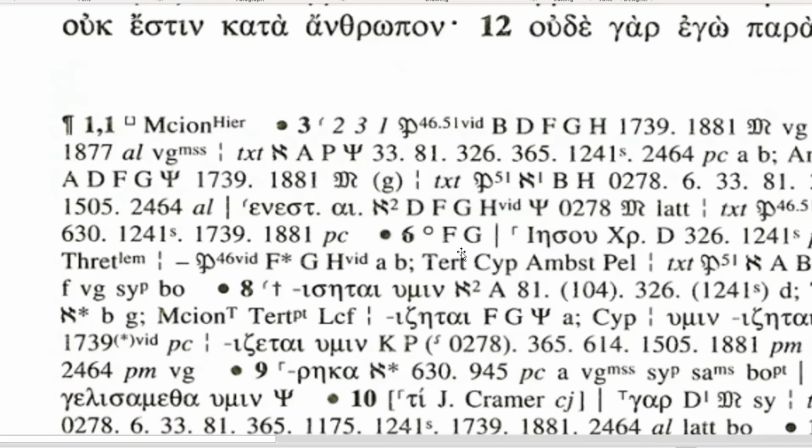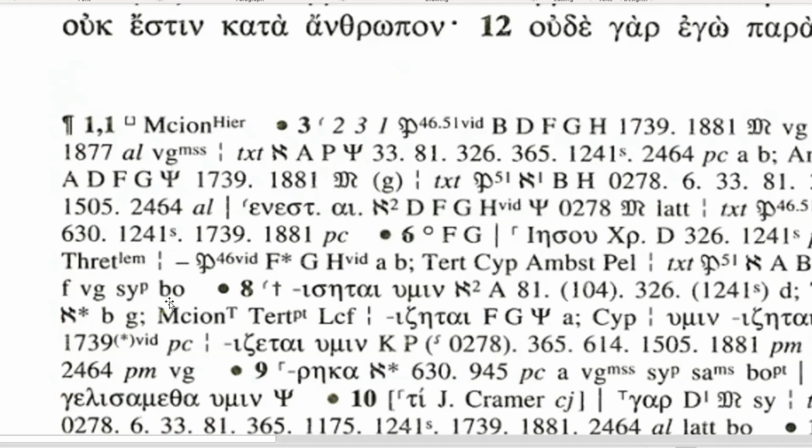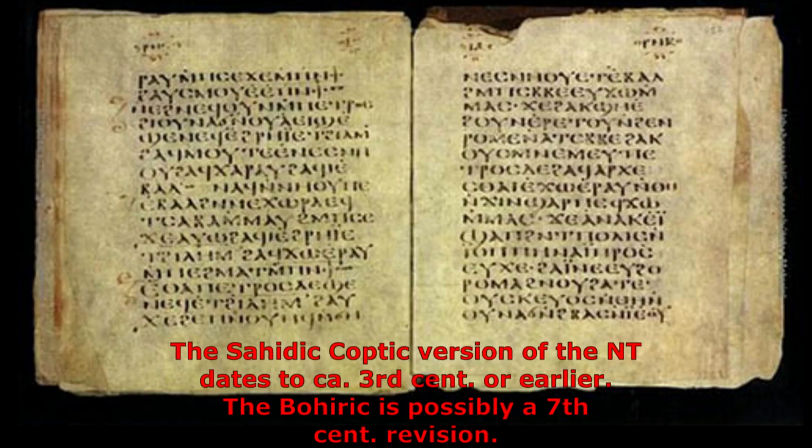Okay, and what else? References to different versions. Like here you got the Vulgate, the Syriac. This is a particular translation known as the Peshitta. And then you've got another translation in Coptic known as Bohairic.